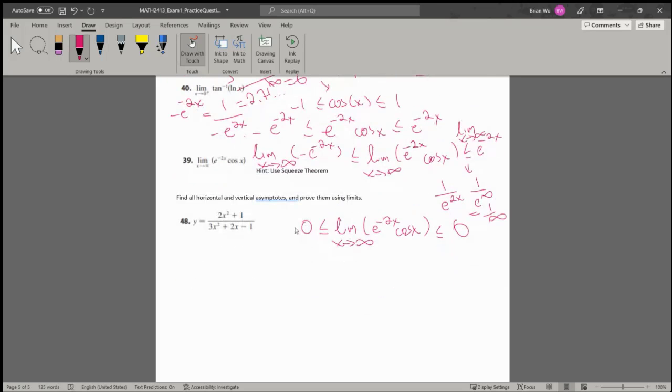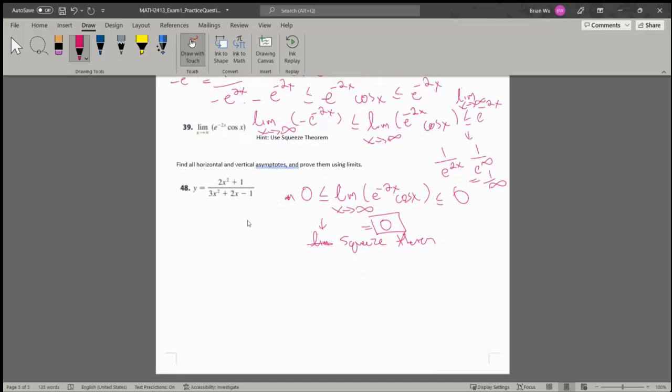And so we know that it's sandwiched between these two values. That means by squeeze theorem, this limit is equal to 0. Does that make sense? And graphically, we know that the cosine multiplied by this one goes to 0, so essentially it keeps oscillating until it hits 0.